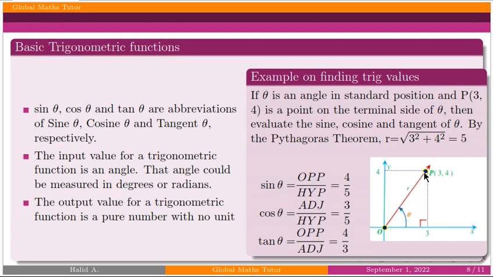Its opposite side has a length of 4, the adjacent side has a length of 3, and r can be found using the Pythagorean theorem as the radical of 3 square plus 4 square, which gives 5. So sine theta, cos theta, and tan theta will be defined using the definitions as this.